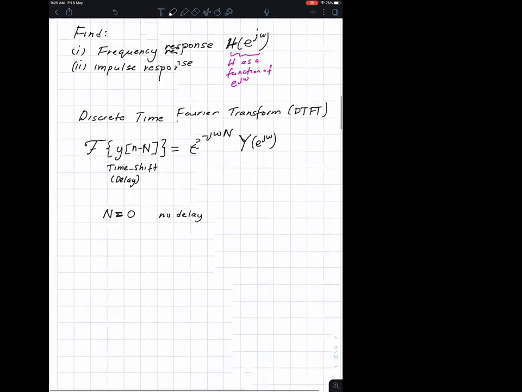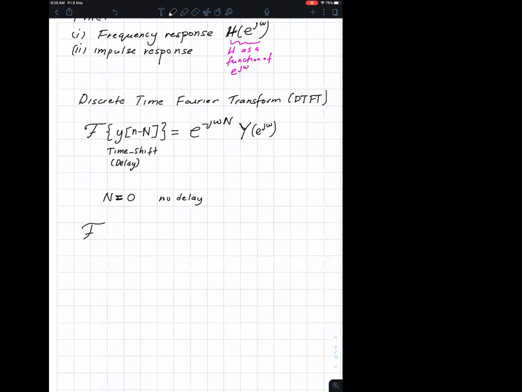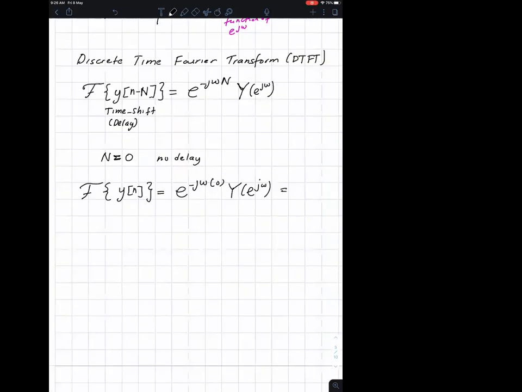So the Fourier transform, if capital N is 0, is going to be e to the minus j omega 0. Okay, that's all you need to know to solve this problem.